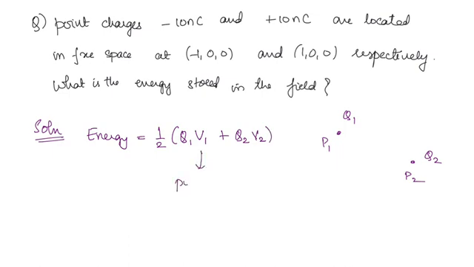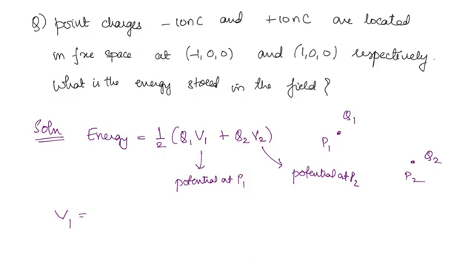This is potential at P1 and this is potential at P2. Okay, so at P1 the potential will be only due to Q2, right, and at P2 the potential will be only due to Q1, right? So you can find out V1 and V2 separately.